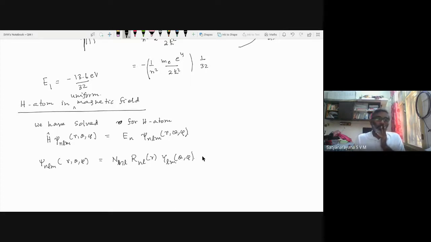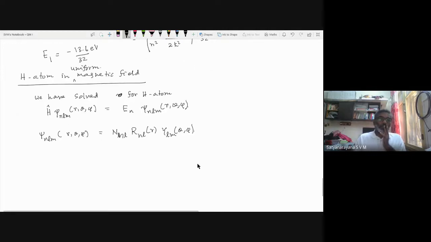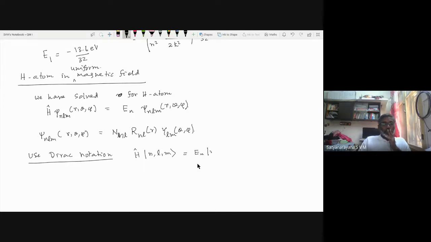Okay, so of course we did not see the radial functions yet, but I don't want to work with this, so I'm going to use Dirac notation. I'm going to represent stationary states. In Dirac notation, I have these quantum numbers n, l, m, and that is my state, H|n,l,m> = E_n|n,l,m>.